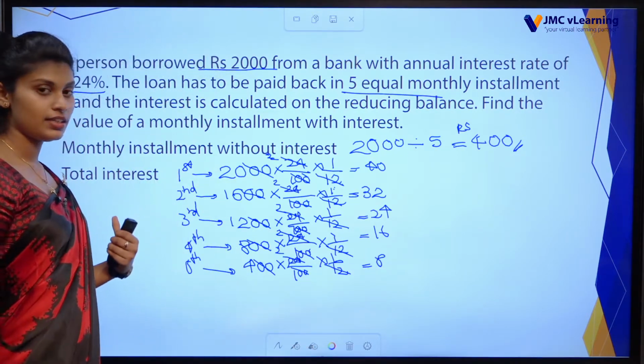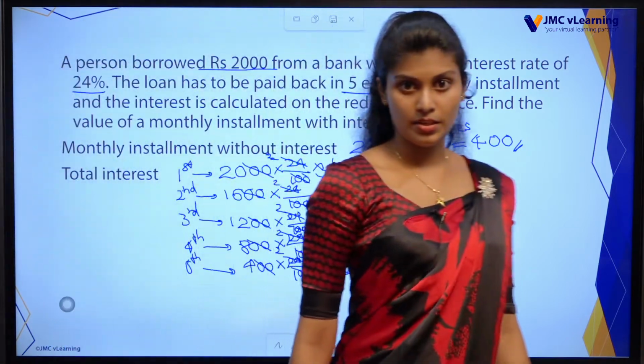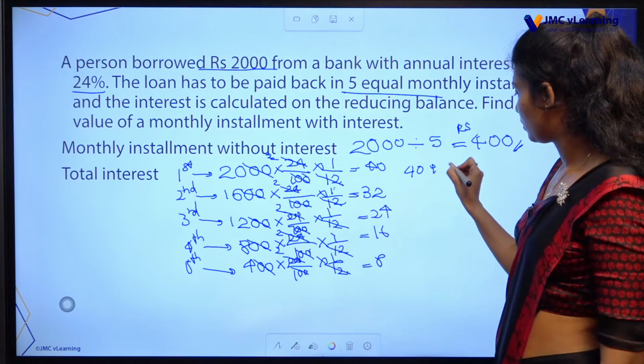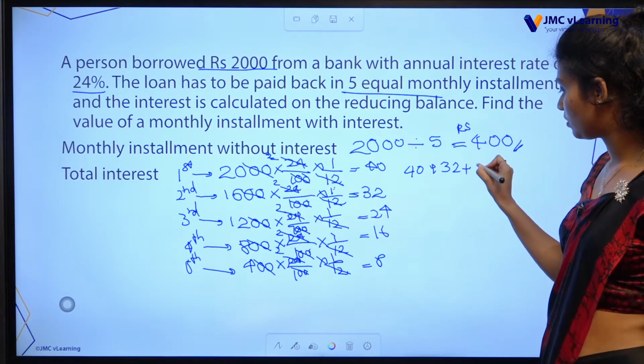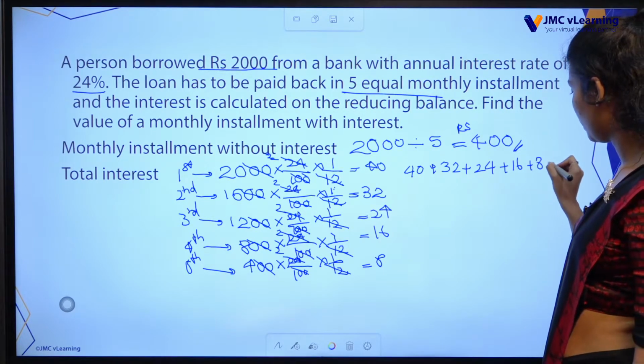To find the total interest, you have to add this all. Let's add them. 40 add 32 add 24 add 16 add 8.